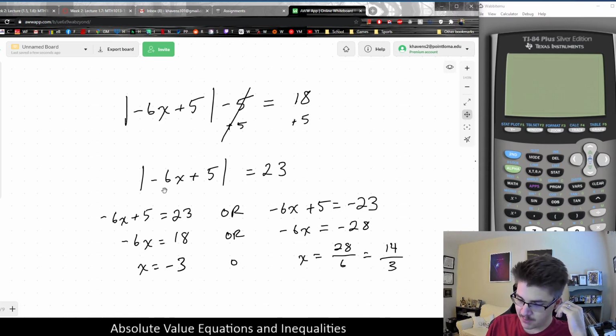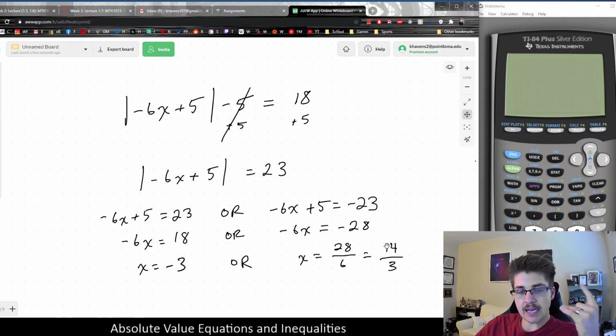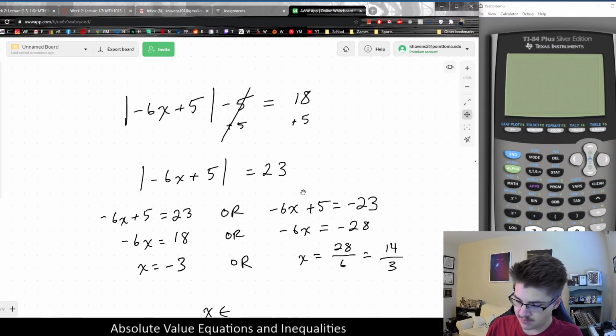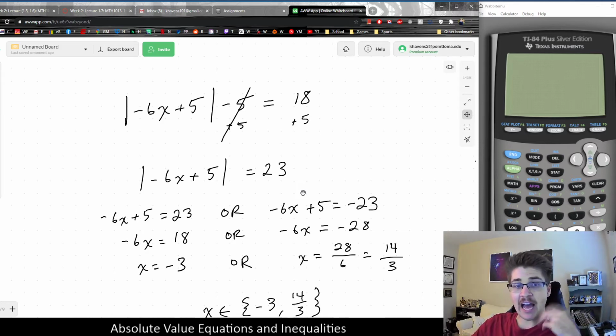Again, that is separated by or, and it's not and, recall, because and means it has to satisfy both simultaneously. We want to indicate that it could be either this or this as our acceptable answers. You could write it as a set by saying x is an element of the set of numbers negative 3 and 14 thirds, using set notation. But again, I'm not too particular about how we answer it.